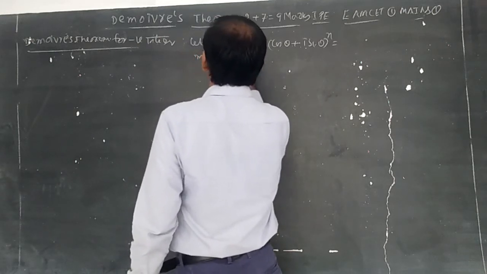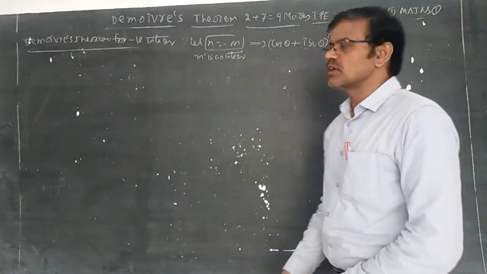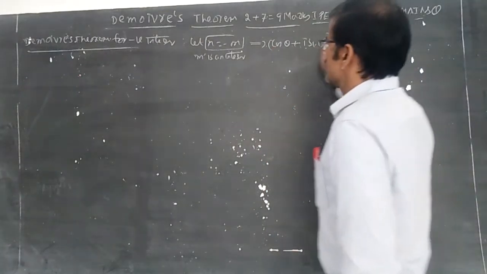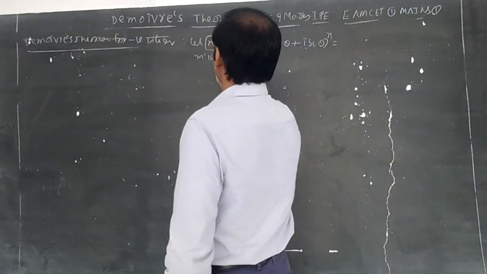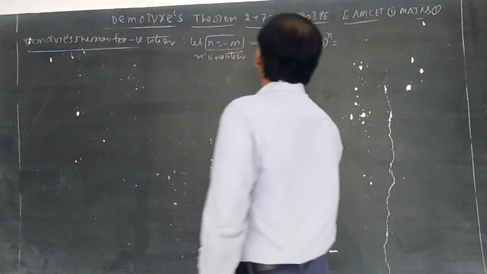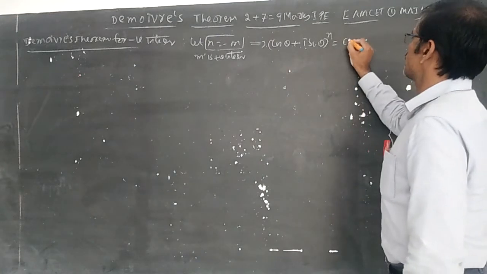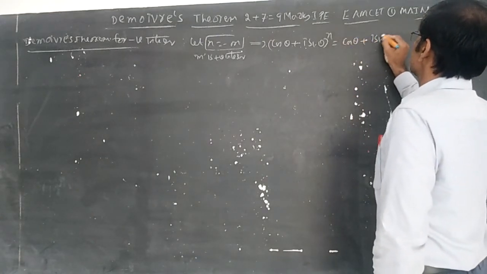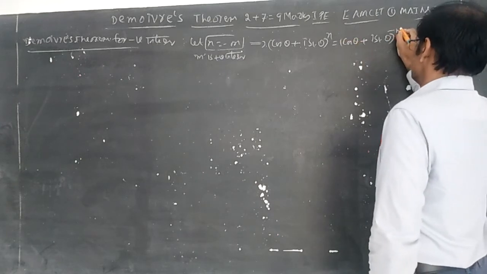Maybe it is positive. If m is a positive integer, n becomes a negative integer. So (cos theta plus i sin theta) whole power n, you can write as (cos theta plus i sin theta) whole power minus m.